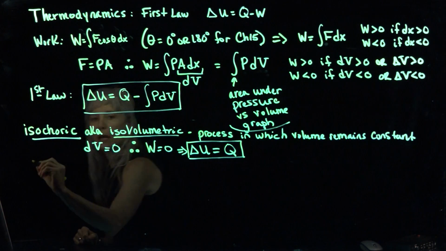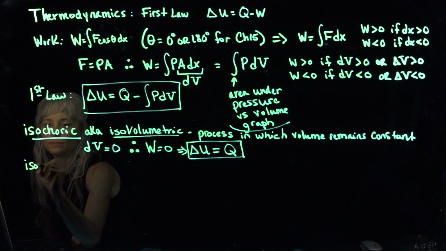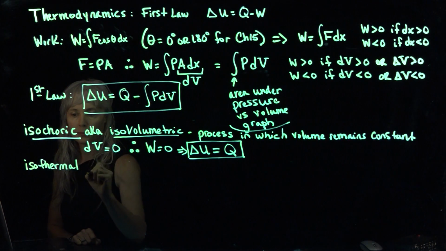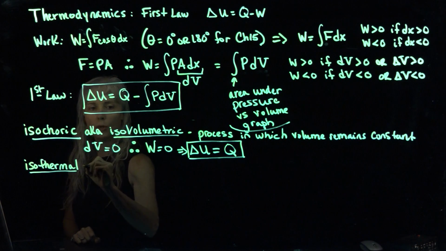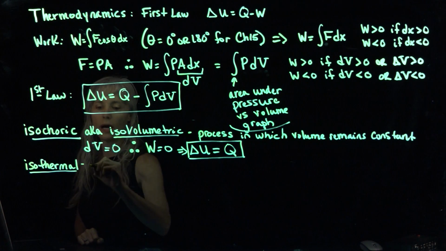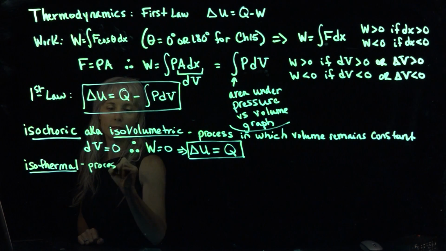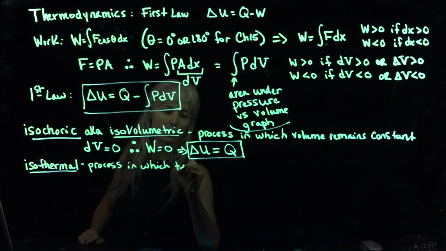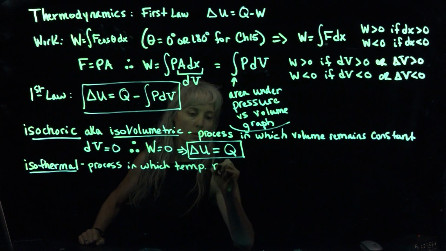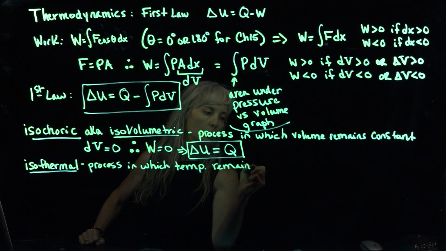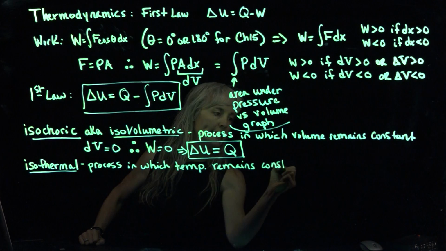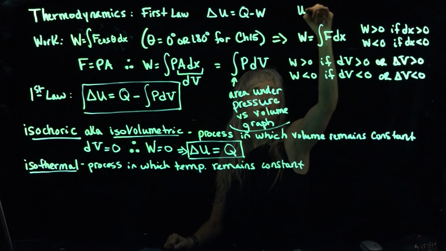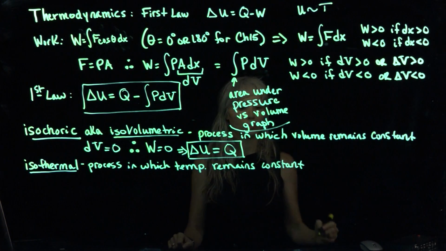All right, another type of process is called isothermal. And an isothermal process, as the name implies, is a process in which temperature remains constant. Now recall from chapter 13 that the internal energy scales as temperature.